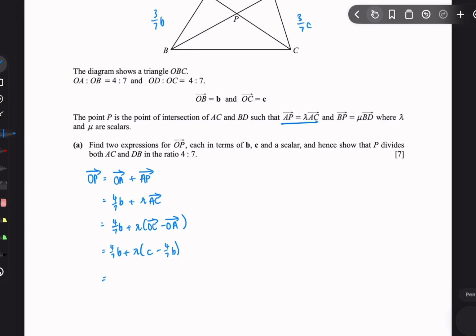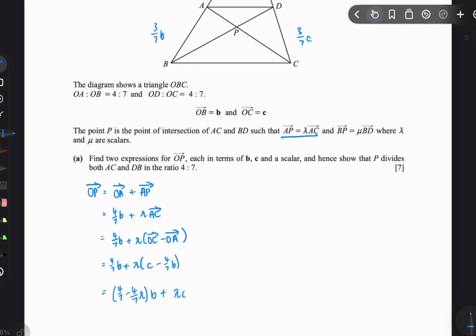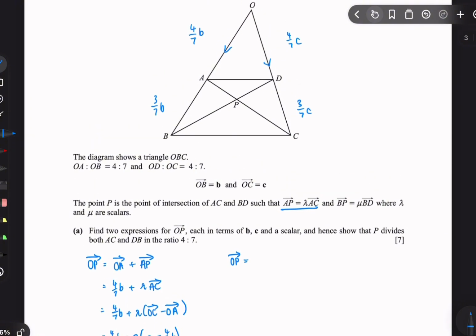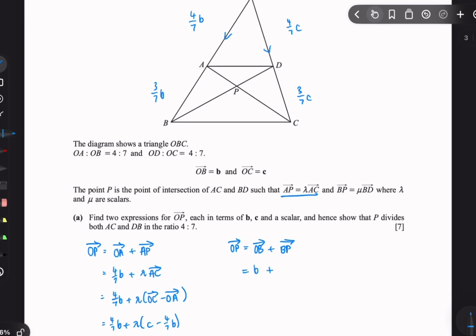Okay, so I'm gonna collect the like terms. Okay, so I'm gonna separate the B and C. And this is our first OP equation. The next one we can form is OB plus BP. OB is B, and then BP, we can use this.